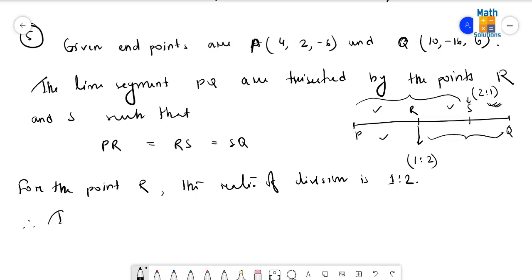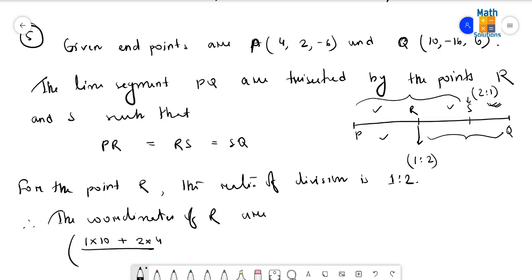Therefore the coordinates of R are, how can we write? (1 × 10 + 2 × 4)/(1 + 2), using the formula for internal division, because the points are lying inside the line segment.